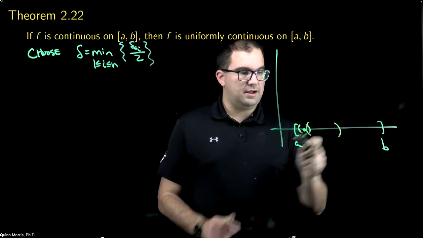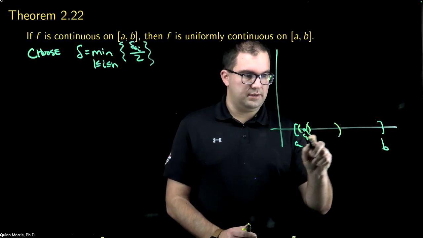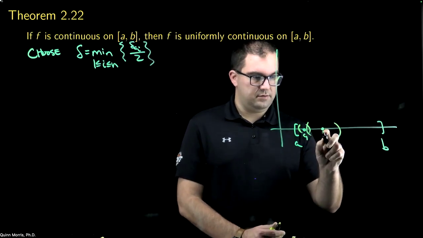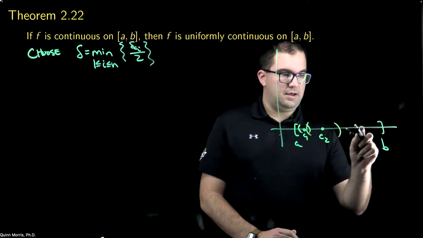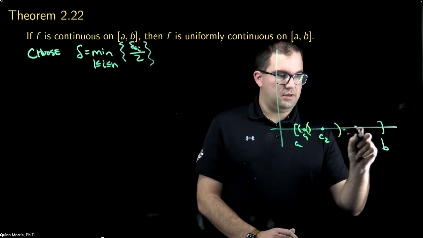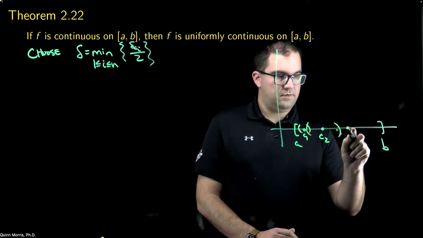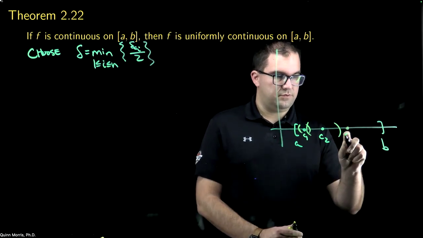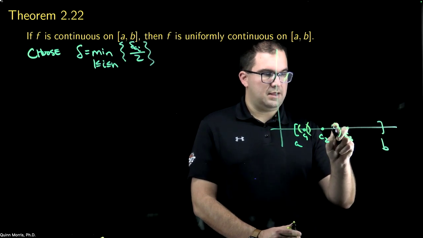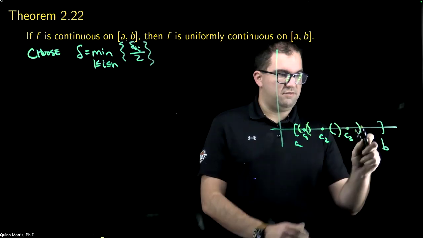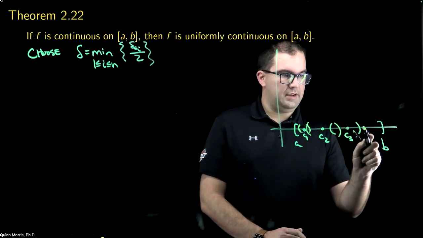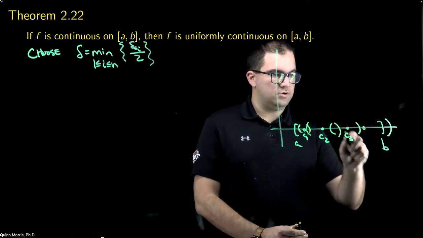So at the end, I come back, and here's a C1, here's my C2, maybe I had a C3 here, and it had some delta value. Then maybe a C4 right here, maybe it had a pretty large delta value.